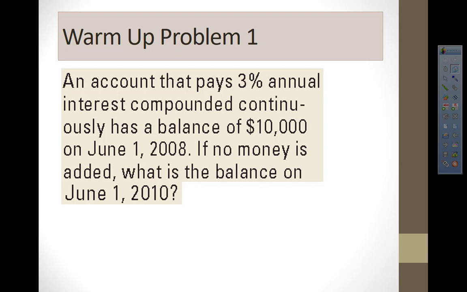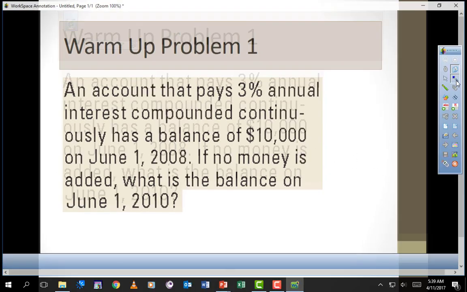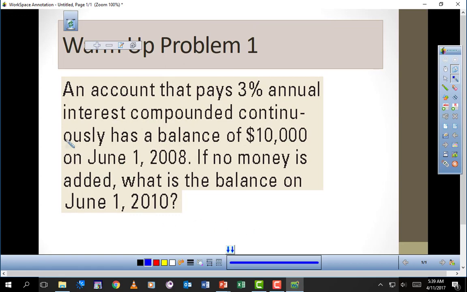You might recall, let me get my pen going here. Right there. You might recall that when we were dealing with exponential functions, they might be a growth, or there might be an exponential decay, or there might be a compounded interest type problem. And last time we were talking about compounded interest, we were looking for the word continuously. And if there was a continuous compounded interest, then we use this formula right here.